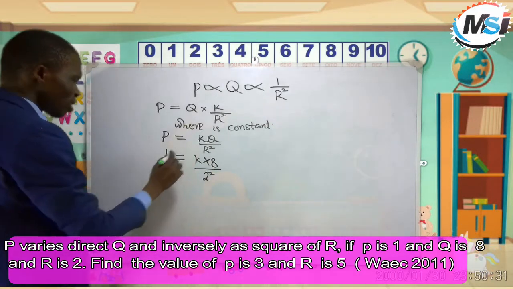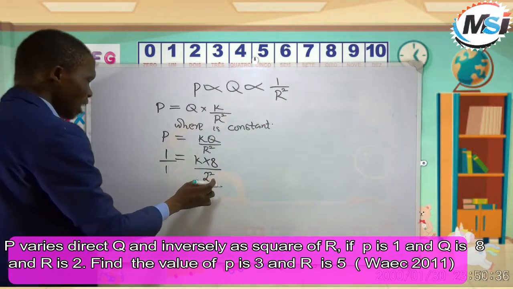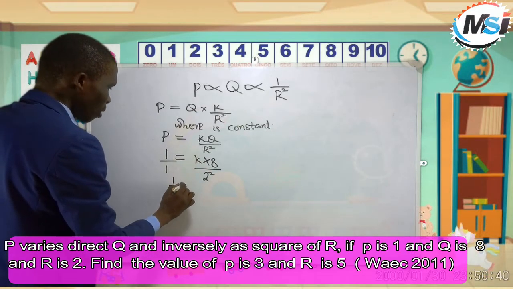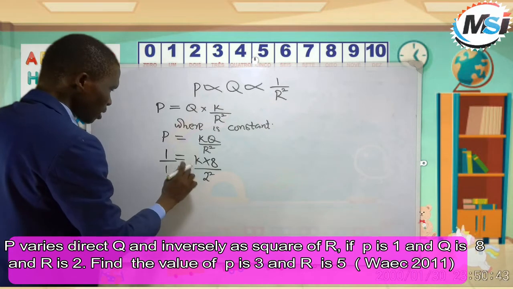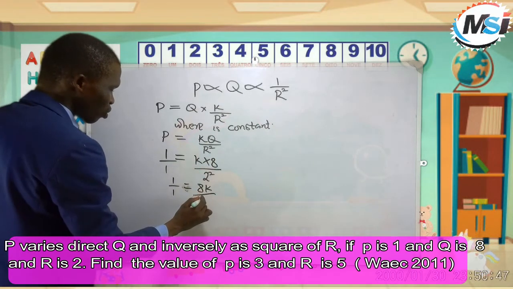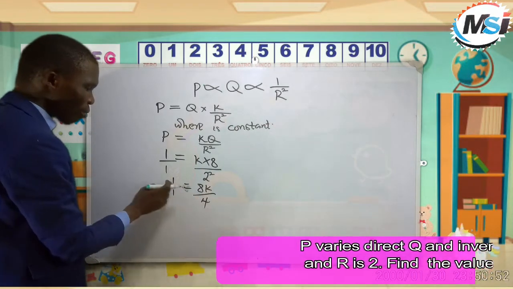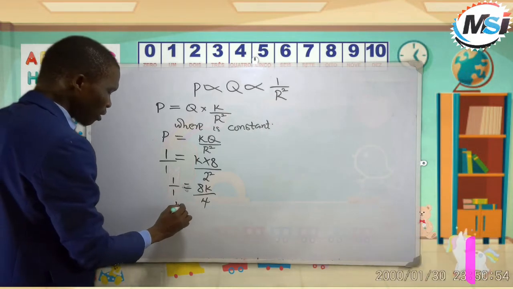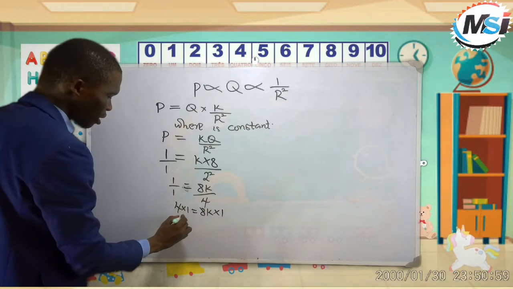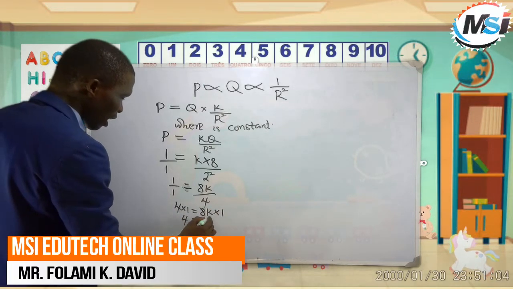Now, divide this by 1 to make it a fraction. Then 1 divided by 1 equals K times 8, which gives 8K, and 2 squared is 2 times 2, which gives 4. So you cross multiply: 4 times 1 equals 8K times 1. 4 times 1 is 4, and 8K times 1 is 8K.